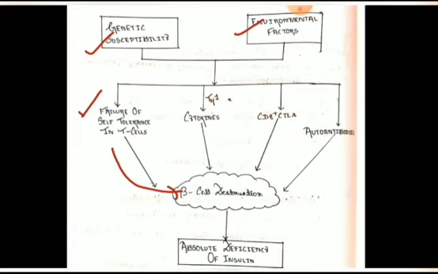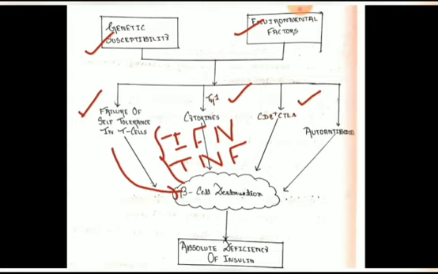Then due to Th1 activation, there will be release of certain cytokines like interferon gamma and TNF. These cytokines released by the activated Th1 can lead to beta cell destruction. Then the CD8 plus CTLs can directly cause destruction of the beta cells.